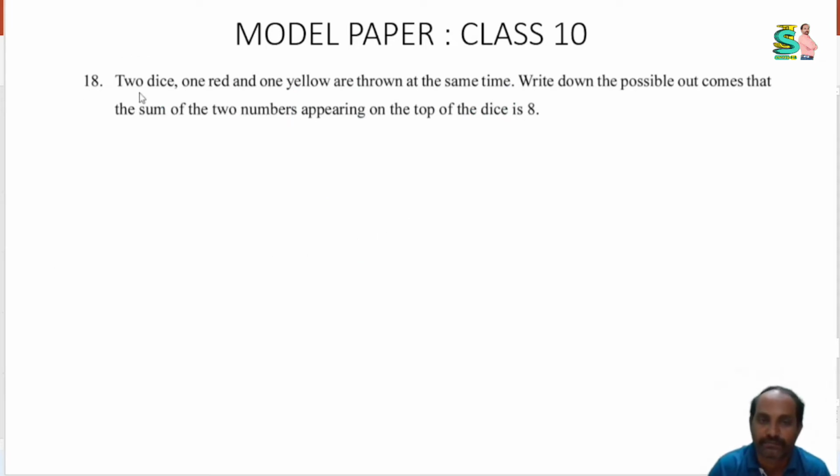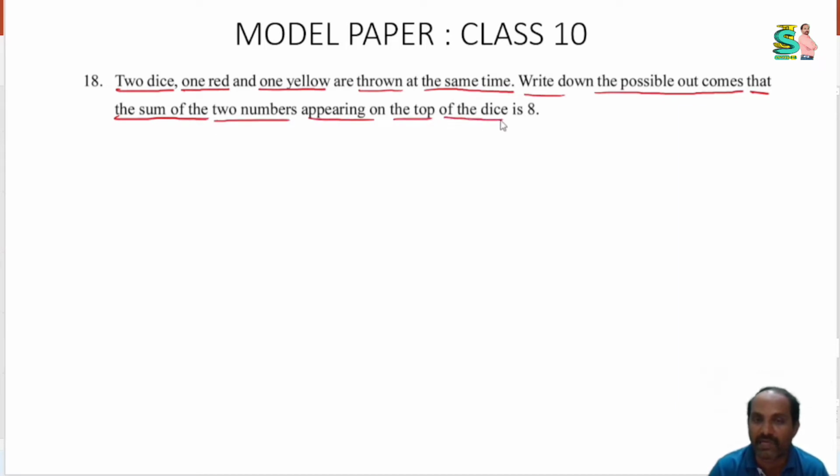18th question. 2 dice, one is red, another one is yellow, are thrown at the same time. Write down the possible outcomes that the sum of the two numbers appearing on the top of the dice is 8. Sum is 8. Now 2 dice, when thrown at a time. So red, for example, first given red.